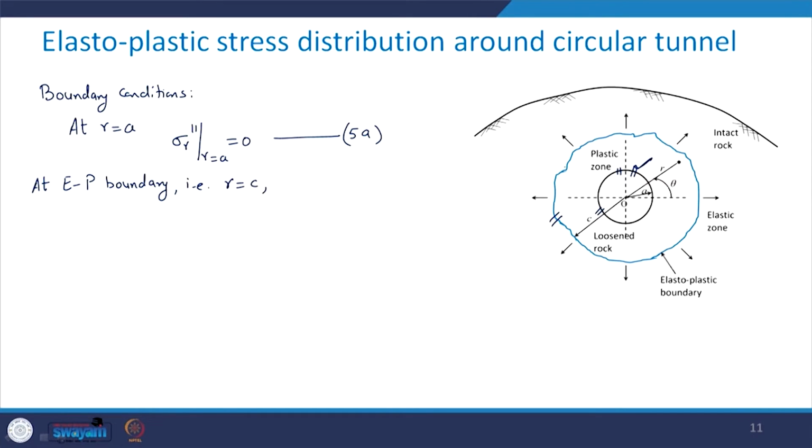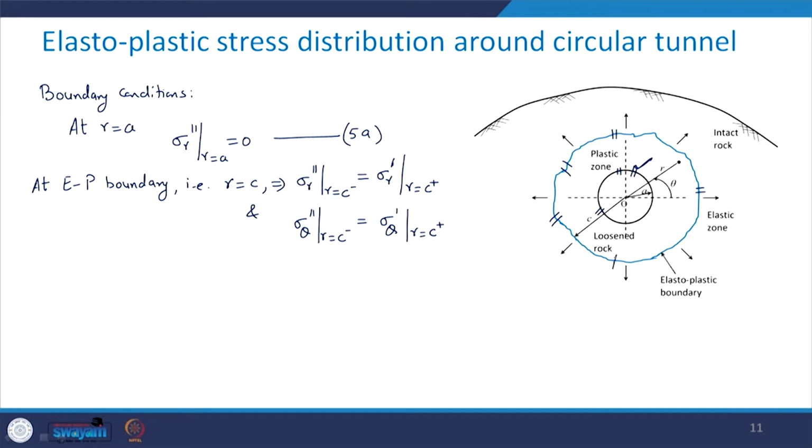There is going to be the continuity of the stresses across this boundary. So, because of that, what you are going to have is sigma r double prime at r equal to C minus, which is going to be equal to sigma r prime at r equal to C plus, and sigma theta double prime at r equal to C minus is equal to sigma theta prime at r equal to C plus.